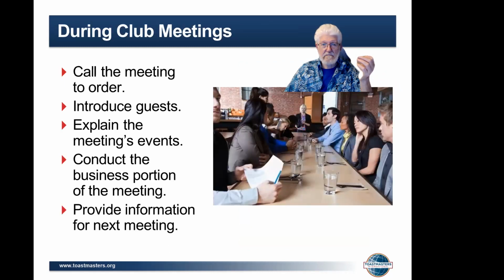During the meeting, the responsibility is to call the meeting to order. Now, different manuals say it's the president who calls the order.